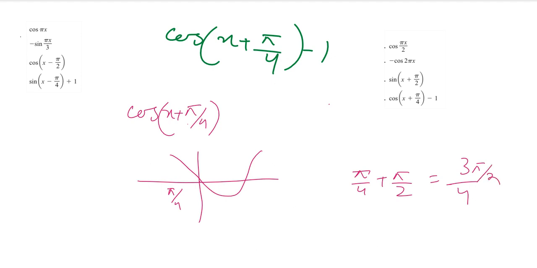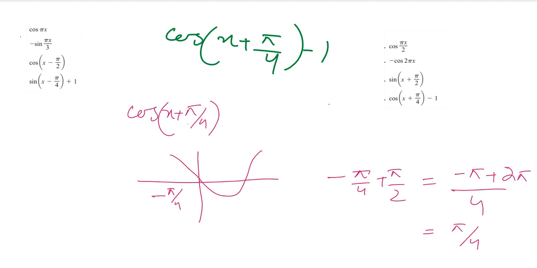Over here we'll have that, but it's a negative, so we need to do it according to that. So pi by 4 will be the next point.